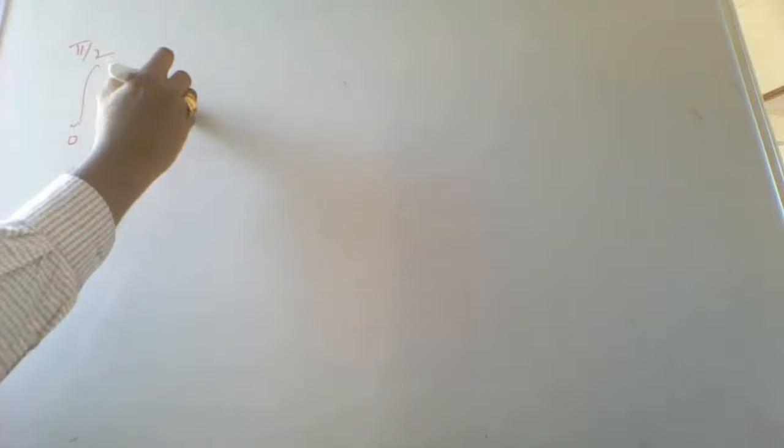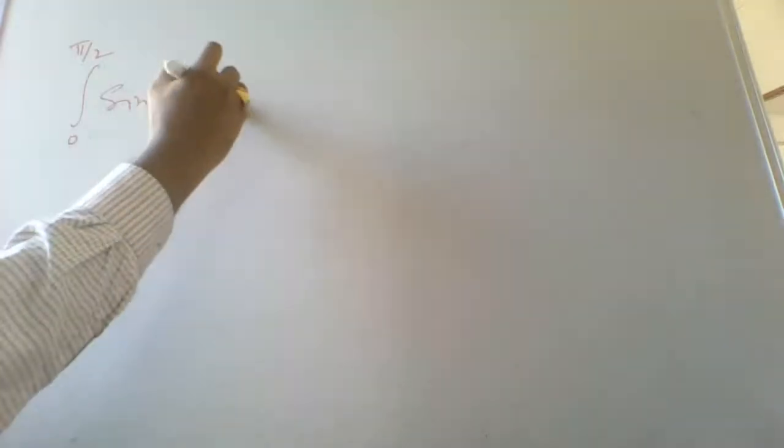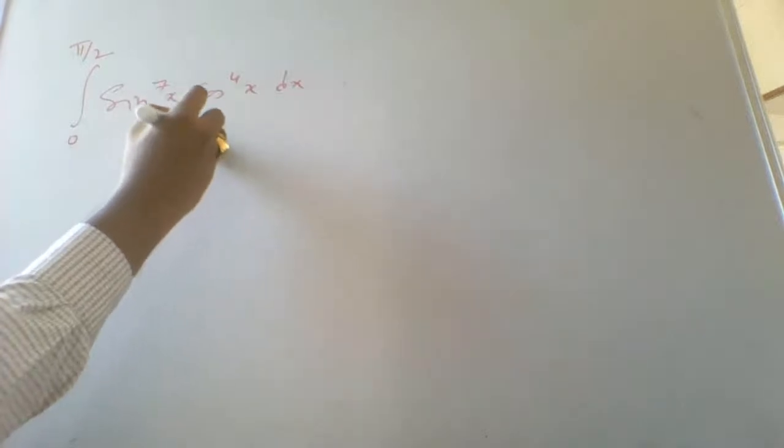If I have the integral from 0 to pi by 2 of sine to the power 7x, cos to the power 4x dx, let us try to solve this. Now m is 7 here, n is 4 here.